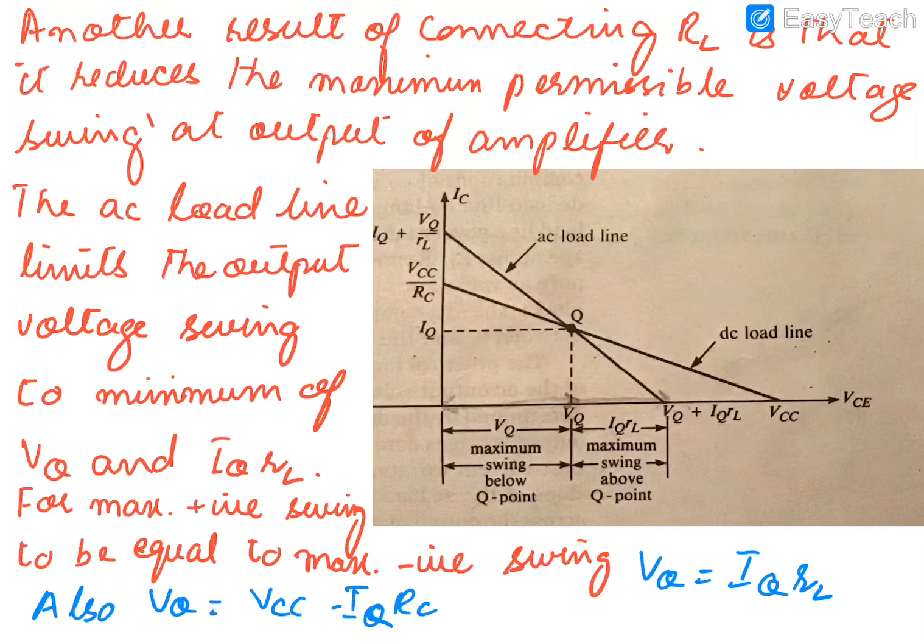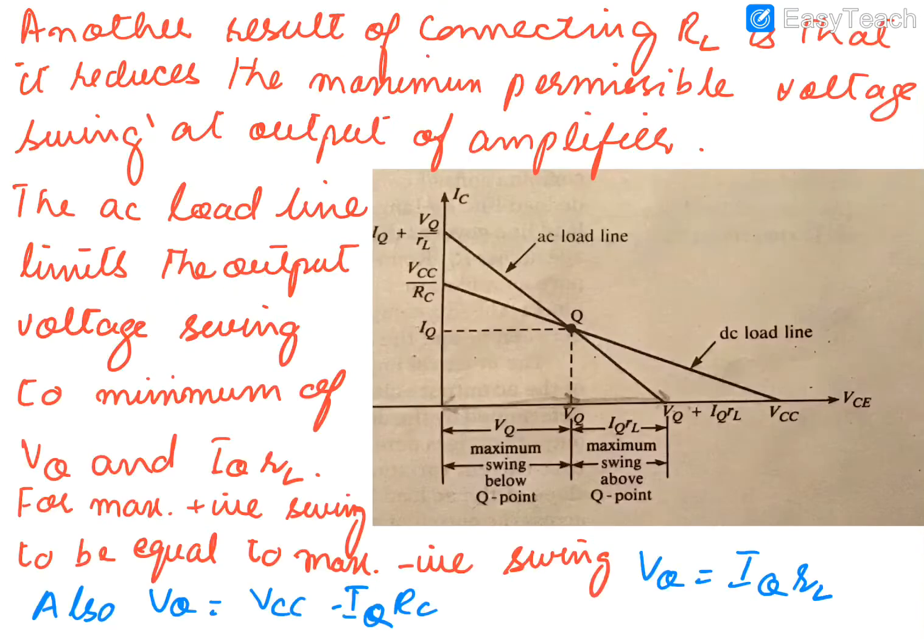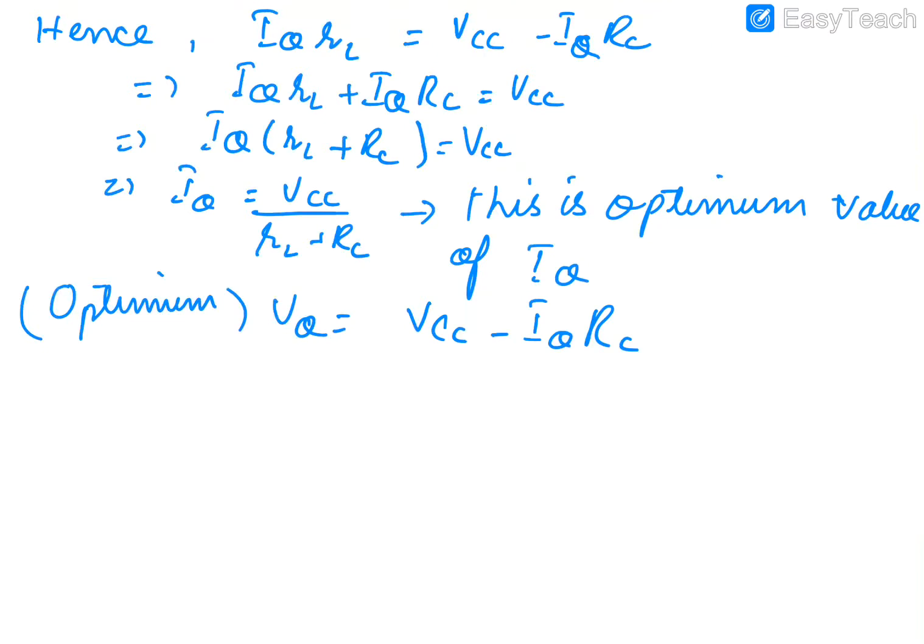Also, VQ is equal to VCC minus IQ RC, and VQ is equal to IQRL for a distortion free output. So equating both the values of VQ, IQRL must be equal to VCC minus IQRC, and from this you can find the value of IQ, which will be equal to VCC over RL plus RC.